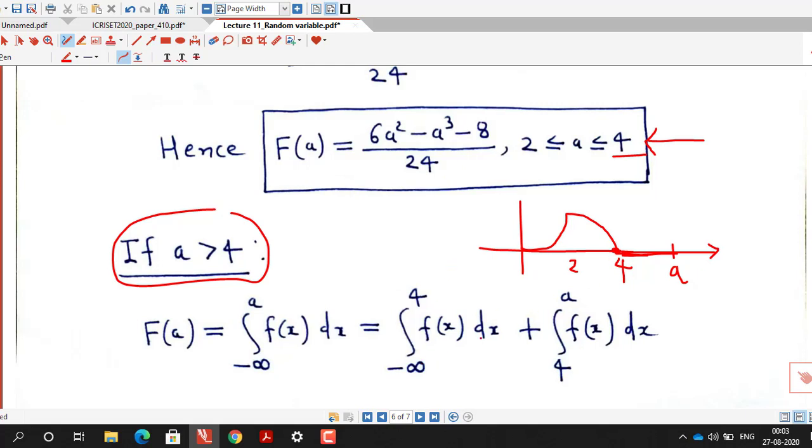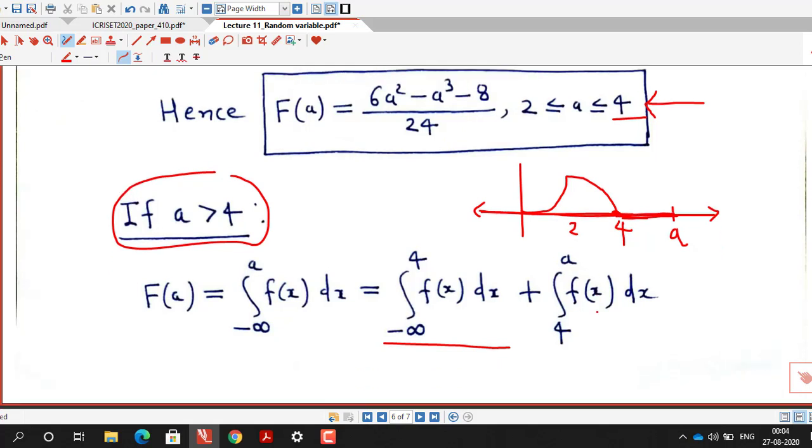The area up to 4 is given by integral from minus infinity to 4 of f(x) dx, plus integral from 4 to a of f(x) dx. Now this first part is nothing but F of 4, by the definition of CDF.